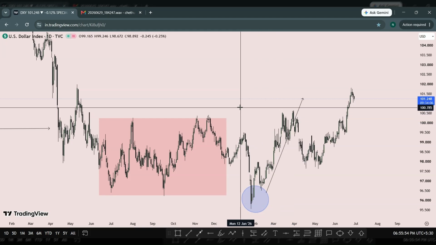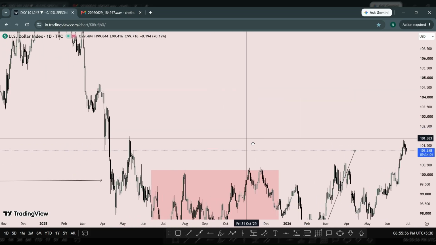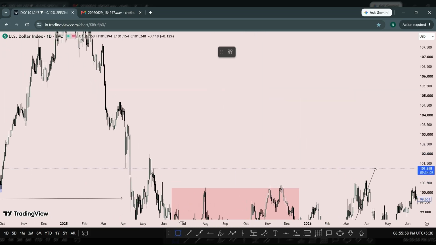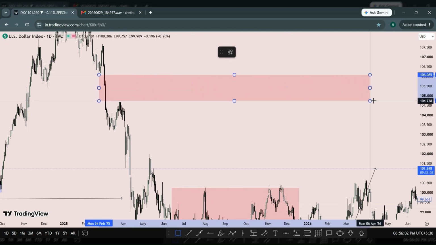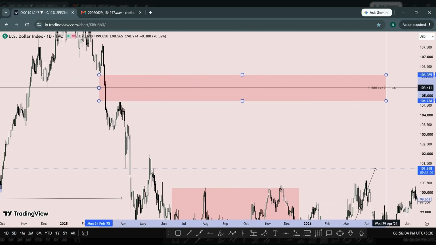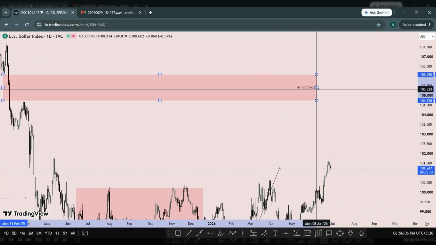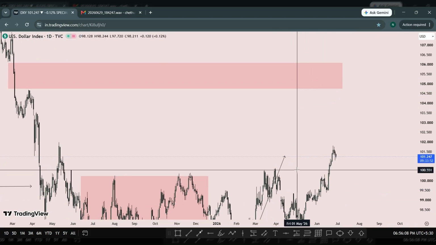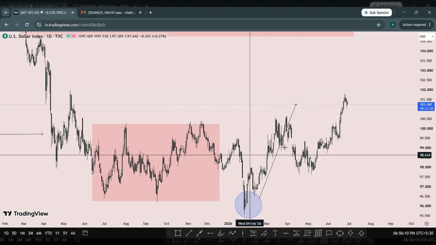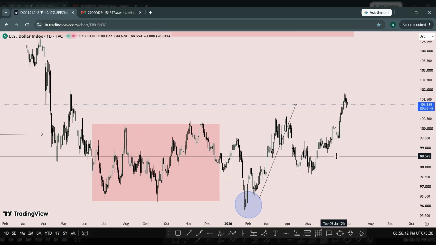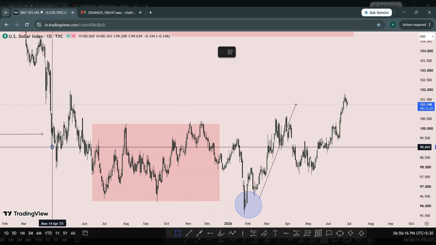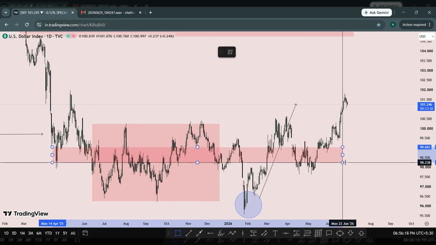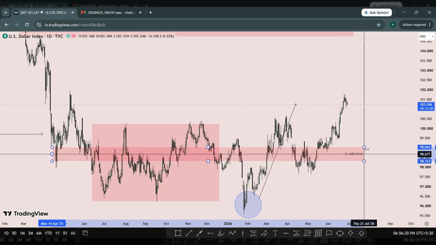For exit, I think it's very simple. Mark a strong fair value gap or imbalance. I think this is the great exit. For entry, mark the strong support and resistance zone. As you can see here, we can clearly see this is the strong support and resistance zone.